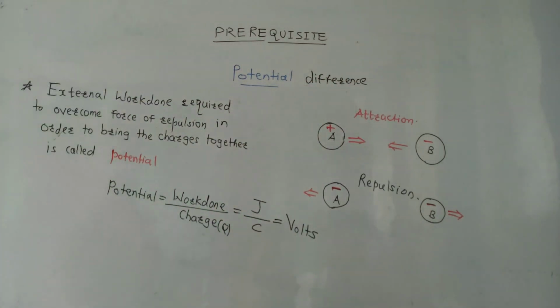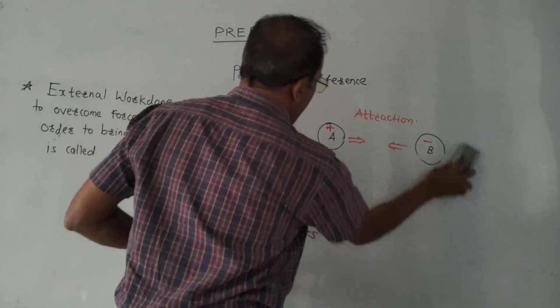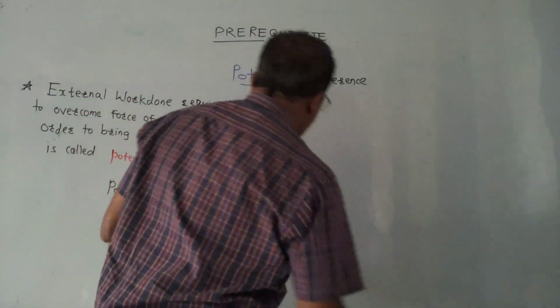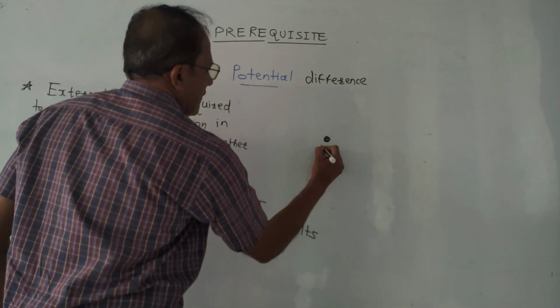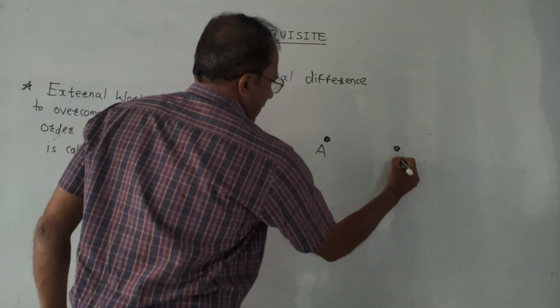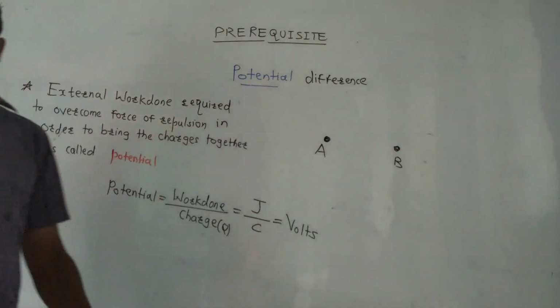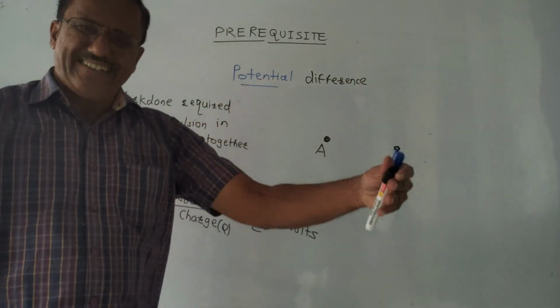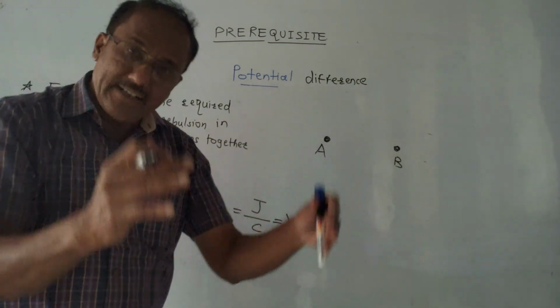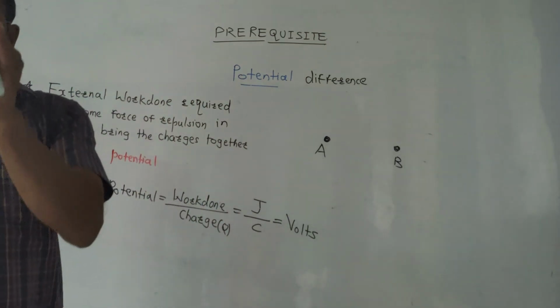We'll consider two points, say point A and point B. Now, do remember the basic thing: whenever we say there is a flow of electricity or flow of current, then there must be a potential difference.